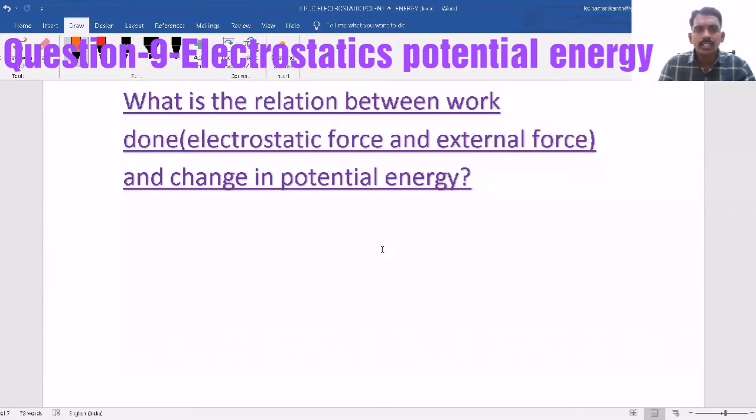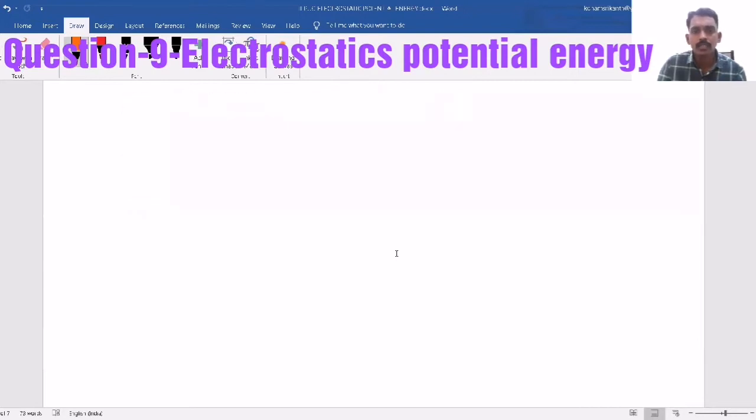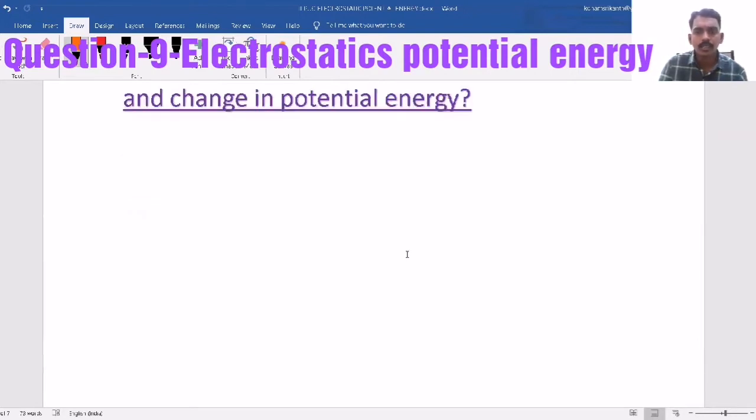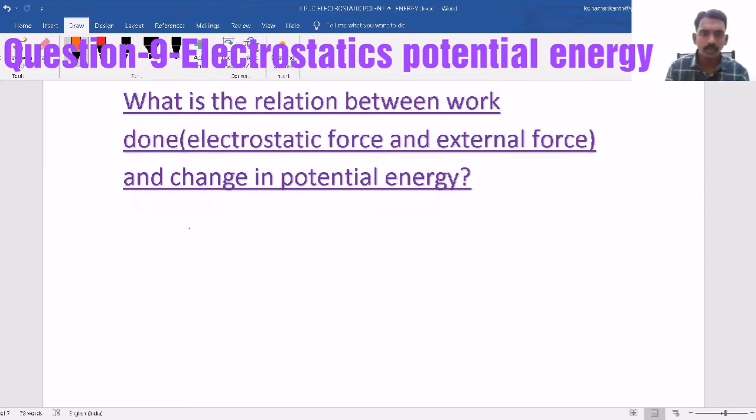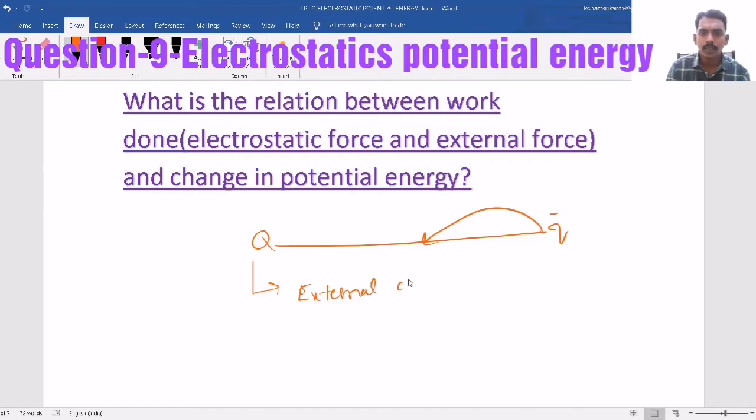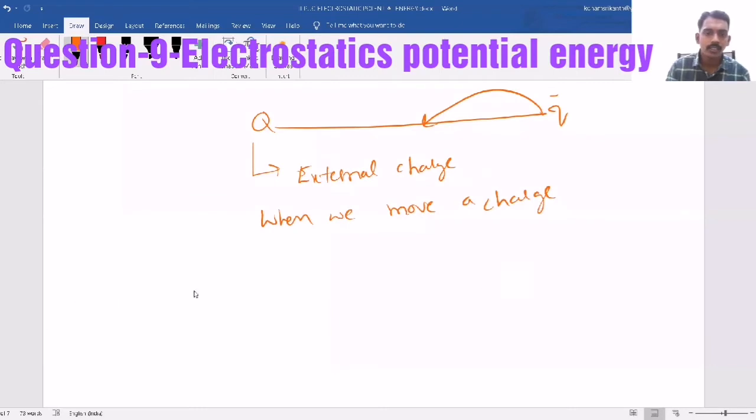Now, the next thing is what is the relation between work done, electrostatic force and external force and change in potential energy. See here, suppose one charge q is there. Now when you are moving this from here to here, in the presence of an external charge, when we move a charge, then there is a work done.